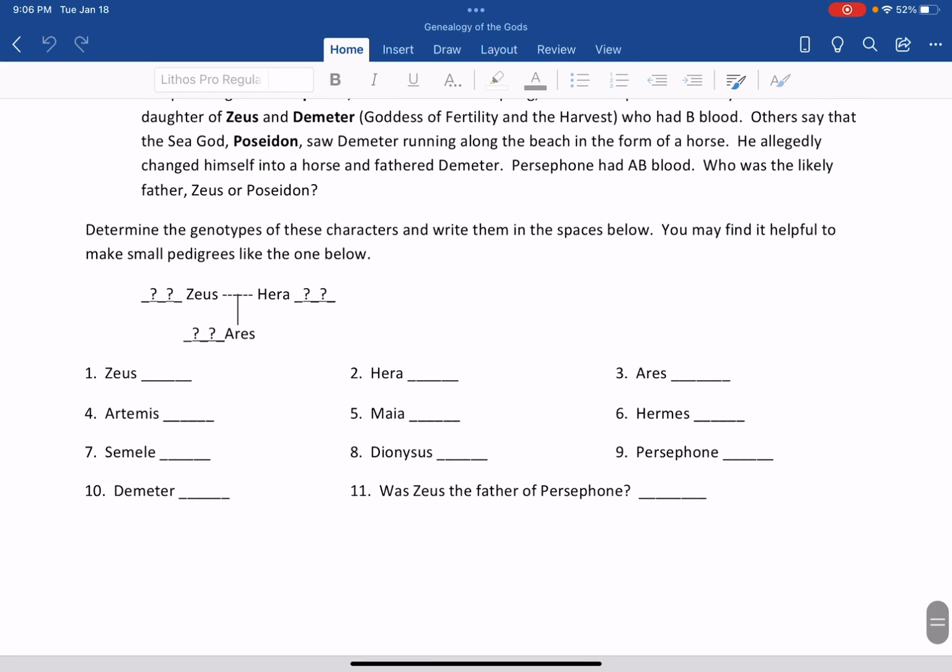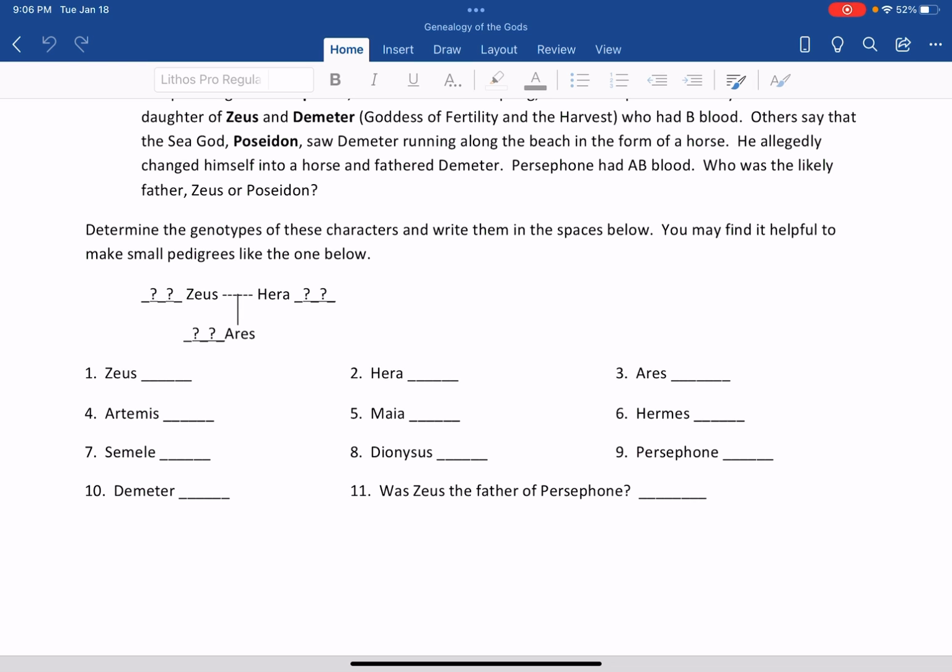So I'm talking I big A, I little i. Now, I will tell you, there is one person on here, and I don't remember off the top of my head which one it is, that you can determine their exact phenotype, but you can't determine the exact genotype.